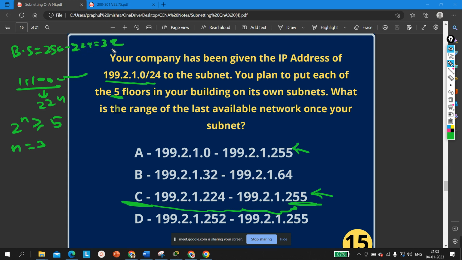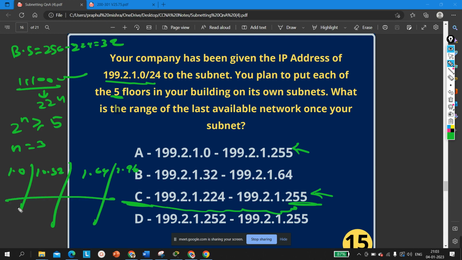So the first network will be 1.0. Second network will be 1.32. Third will be 1.64. Fourth will be 1.96.